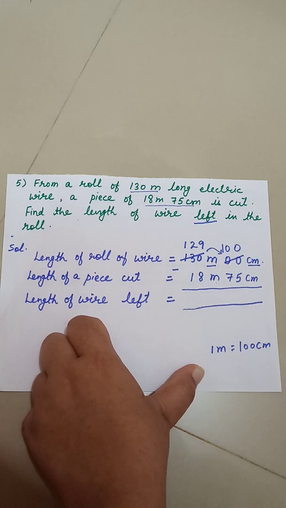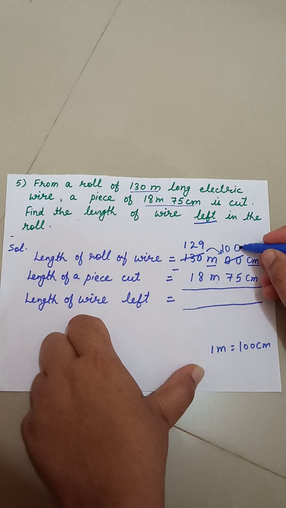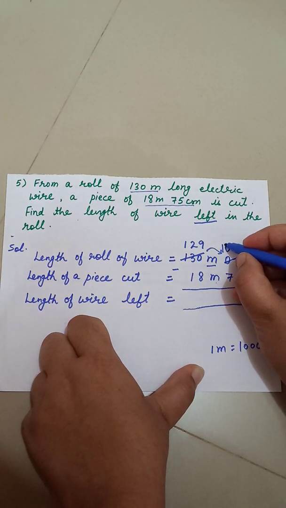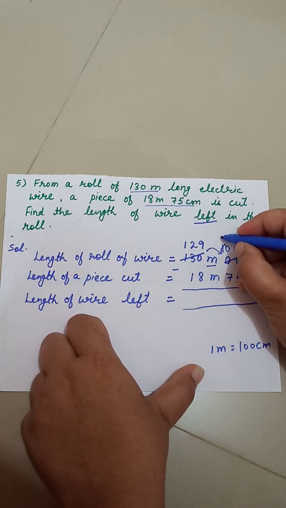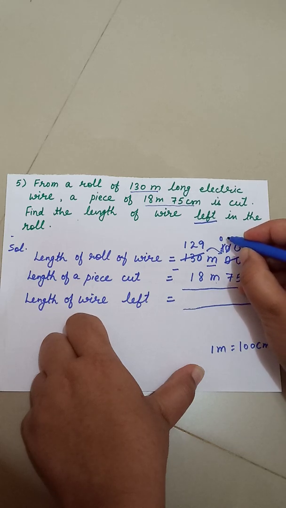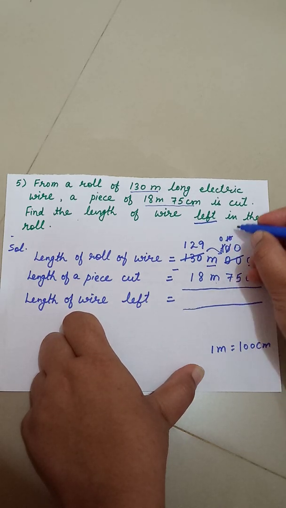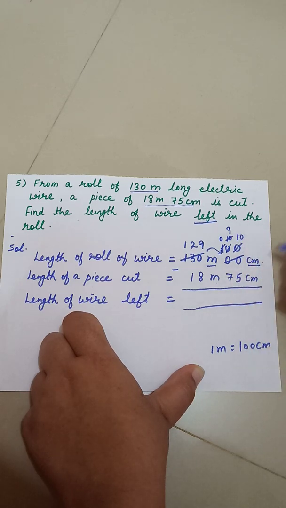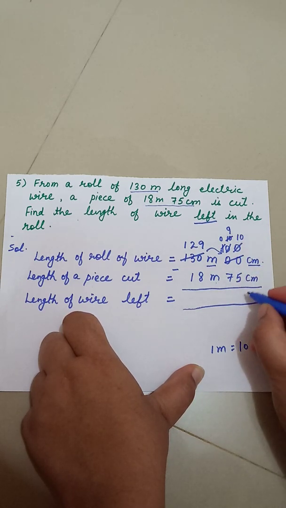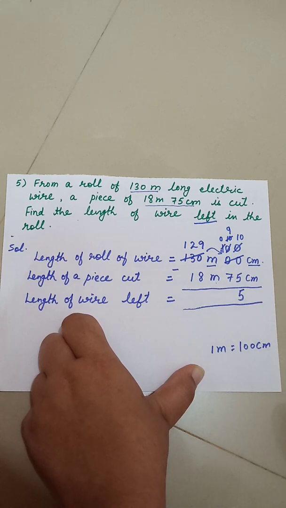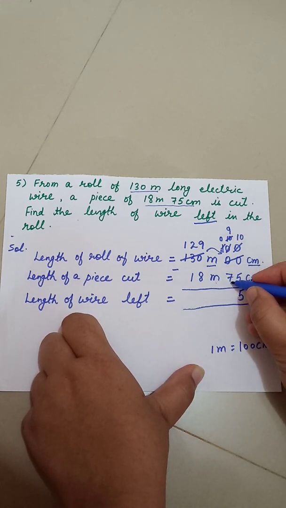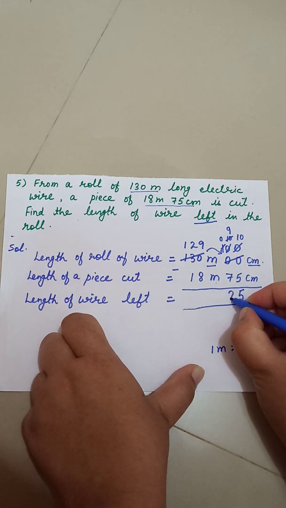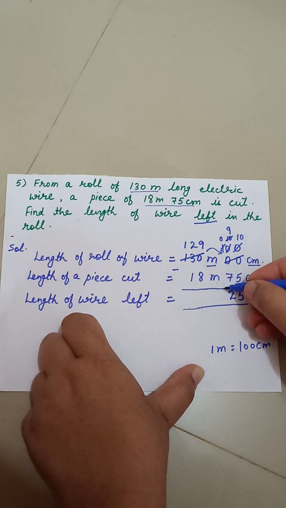Now we can subtract. So you can see again we have to borrow here. So it will become 0, then 10, again borrow, it will become 9, and it will become 10. Now you can do 10 minus 5 is 5, 9 minus 7 is 2, and this is only 0.